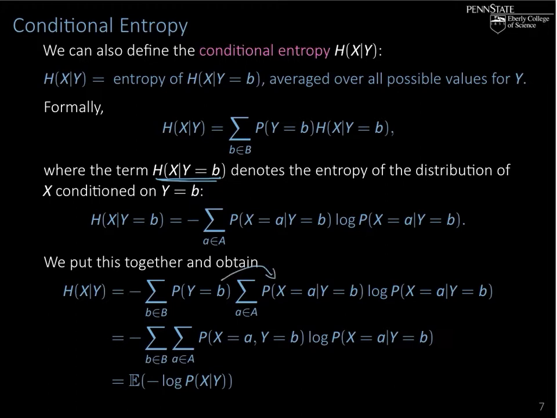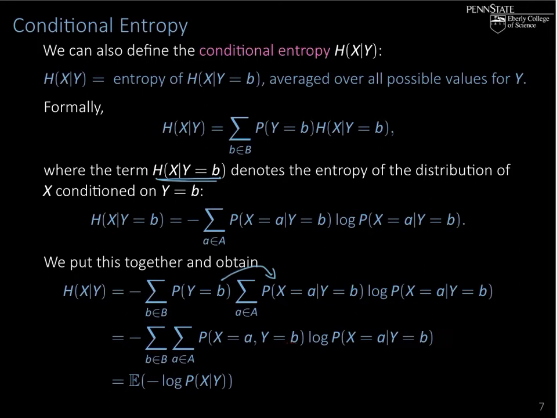But then we have the probability of Y equals b times the probability of X equals a given Y equals b. But that's just the probability that X is equal to a and Y equals b. That's the joint probability for a and b.